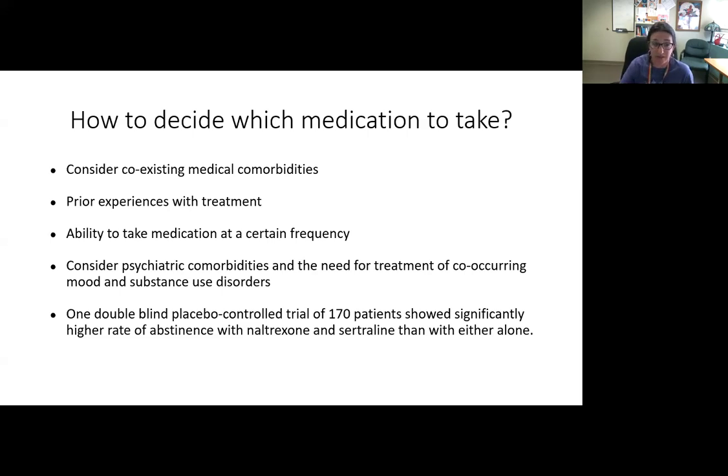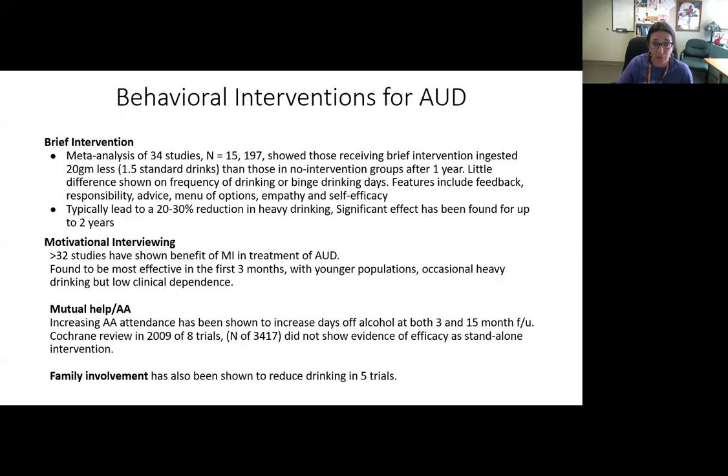There was a double-blind study looking at patients who had co-occurring depression, and they had a higher rate of abstinence from alcohol with naltrexone and sertraline than with either alone. And then just to conclude, to touch upon the behavioral interventions. So again, this does not do it justice.